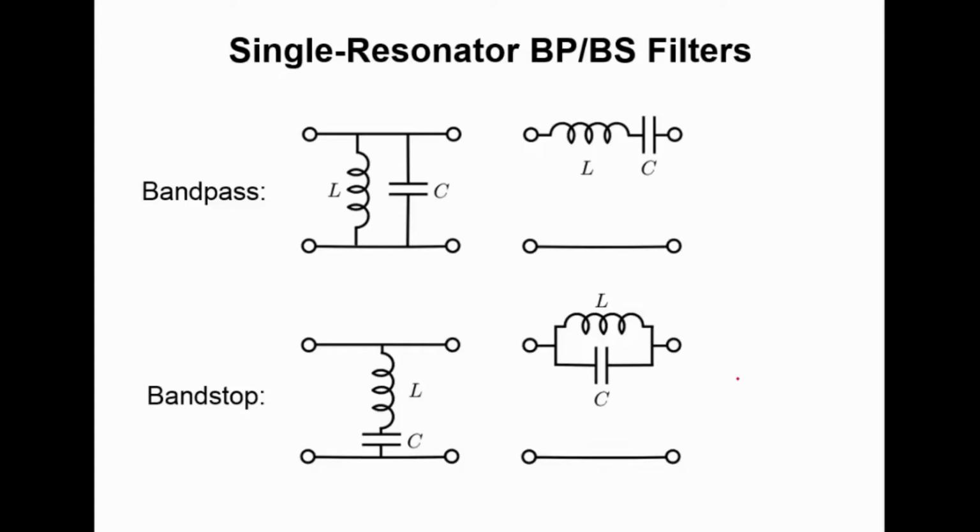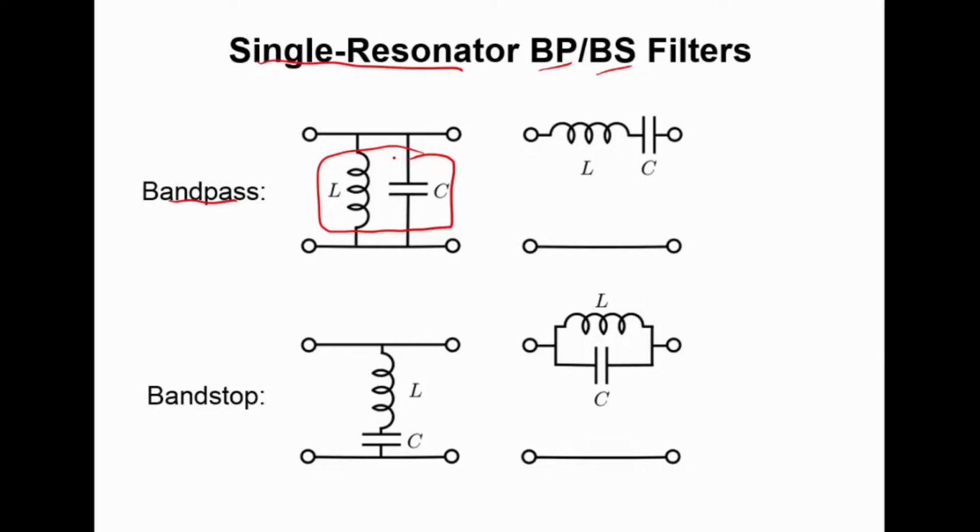Now if we want a band-pass or band-stop filter, typically we need at least one capacitor and at least one inductor because we need resonance. In fact, that's what we mean by single resonator. For example, if we want a bandpass filter, one way to do this is to arrange the L and C in parallel, because that will create an open circuit at some frequency.